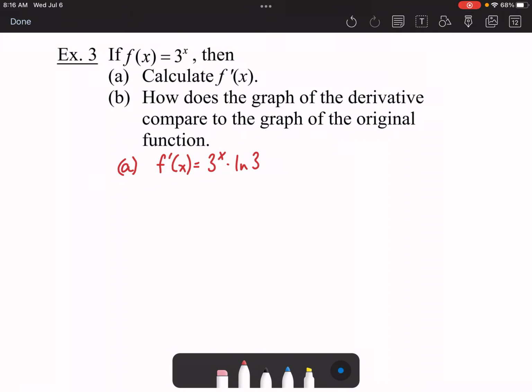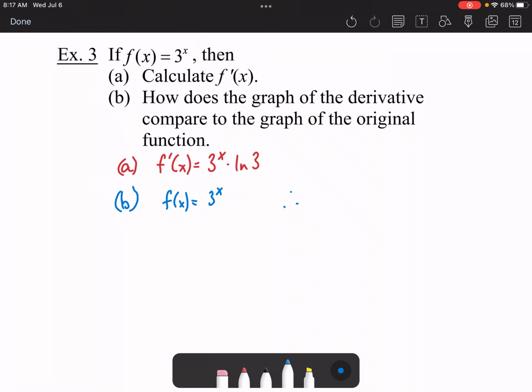So part B asks us, how does the graph of the derivative compare to the graph of the original function? Well, the original function was 3 to the exponent x. The derivative, as you can see above, is 3 to the x times ln 3.